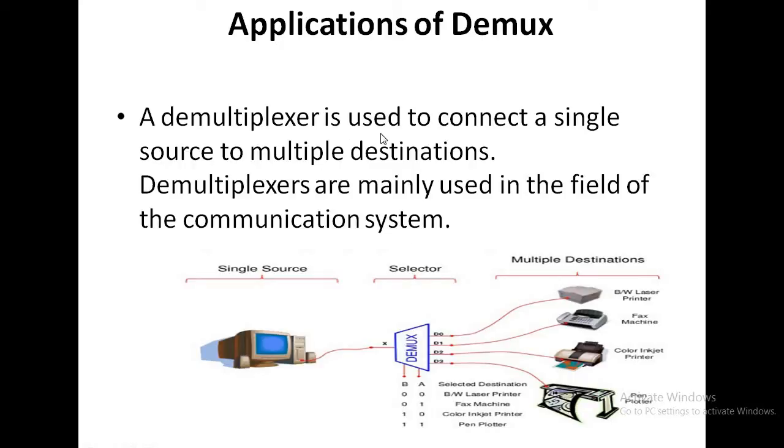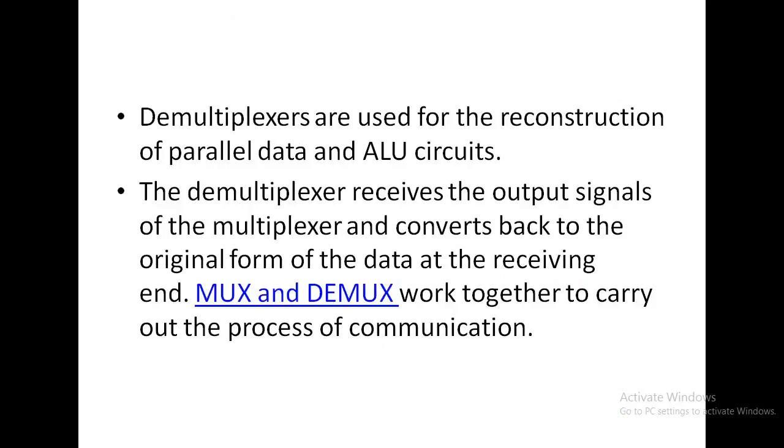A demultiplexer is used to connect a single source to multiple destinations. Demultiplexers are mainly used in the field of communication systems. From one single source, you can connect different types of output lines. This is the main application of the demultiplexer.